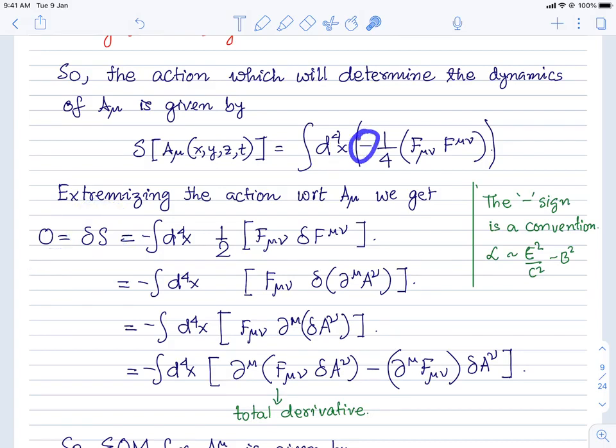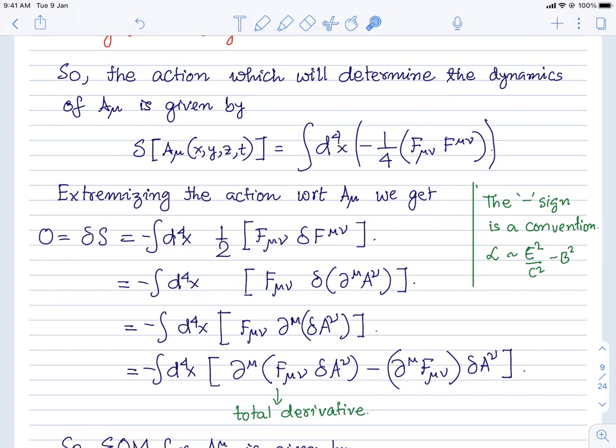this sign is more of a convention, which we usually keep. It's the convention for which you write your Lagrangian for the harmonic oscillator as kinetic energy minus potential energy, and not minus kinetic energy plus potential energy.